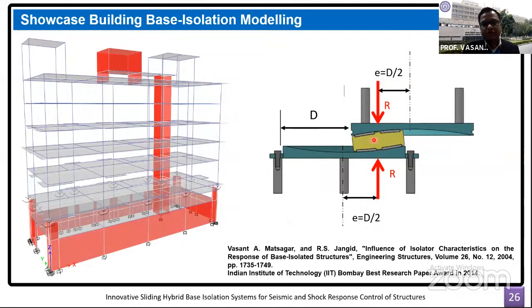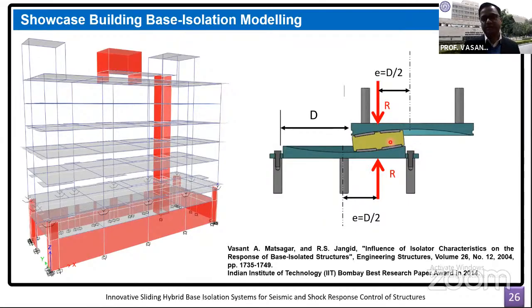The behavior of this double curvature isolation system is shown representatively here. And of course, for this, we have used the equivalent linearization, and the effects of those equivalent linearizations are highlighted in detail in one of our earlier publications, which Professor Jangid had cursorily referred to, which has also received the Best Research Paper Award from IIT Bombay.